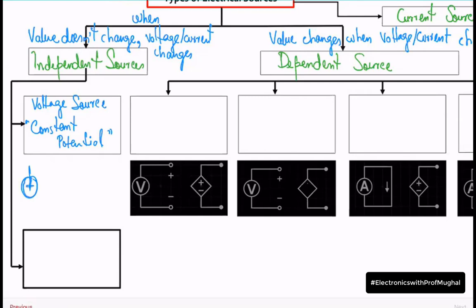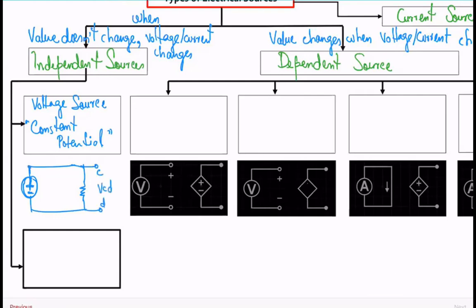If I mark it plus and negative, and connect some kind of resistive load here, and let's say this is C, this is D, and I measure VCD, the voltage at these terminals, say if this is 5 volts, then VCD is also going to be 5 volts, right? So the output voltage VCD will not change, even though the resistive load may change or the current may change. It will always be the same.